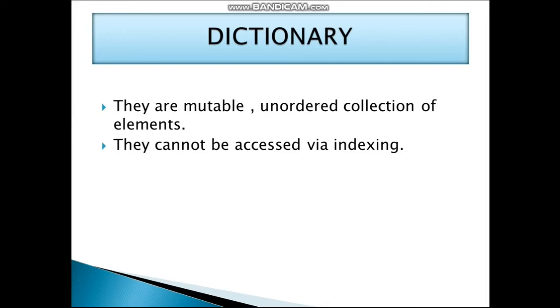The other three, sets, tuples and lists, can be accessed through indexing, but dictionary is something special apart from these. They cannot be accessed via indexing, but there is a way to access the elements present in the dictionary.